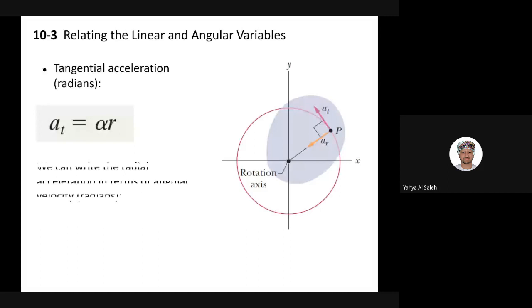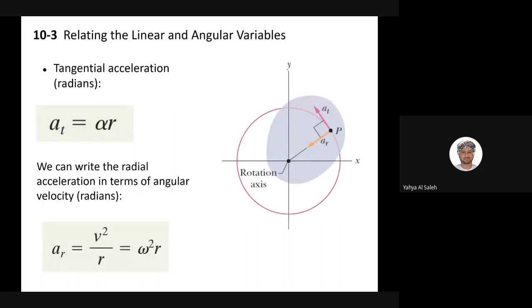Now we have two types of acceleration, linearly speaking. Whenever we were talking about circular motion, we had tangential acceleration, which is along the straight line, but we also had centripetal acceleration, right? Radial acceleration, which we defined before in chapter 5 or 6 as v squared over r.